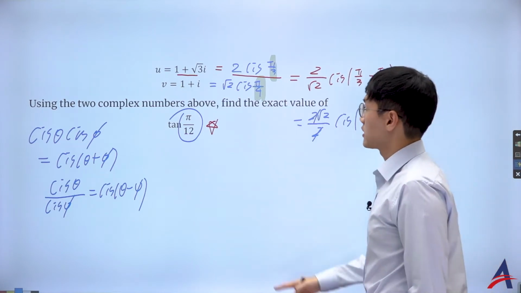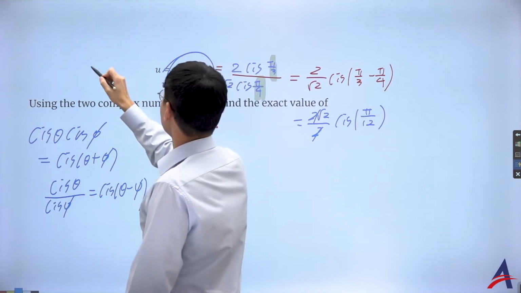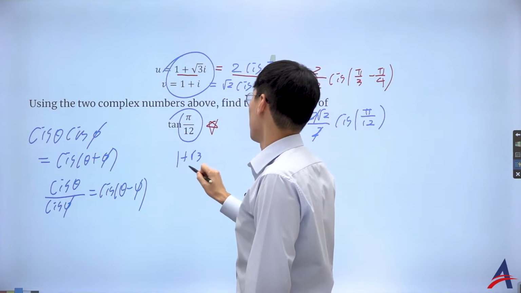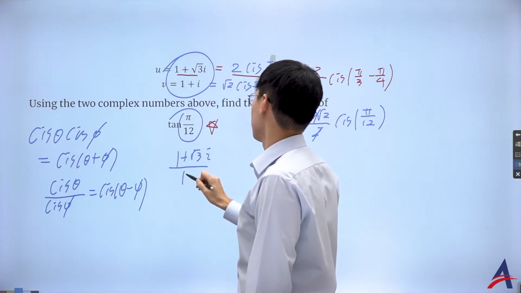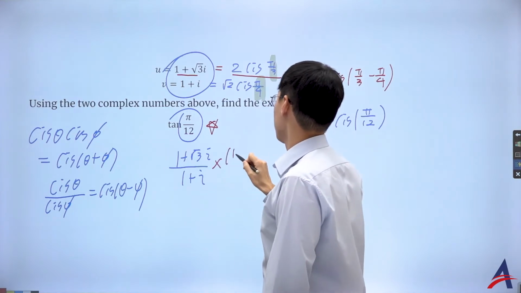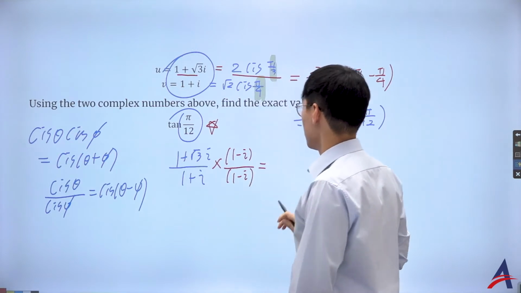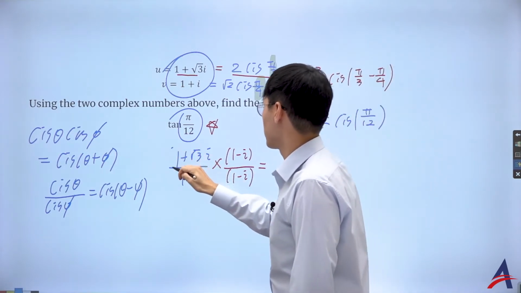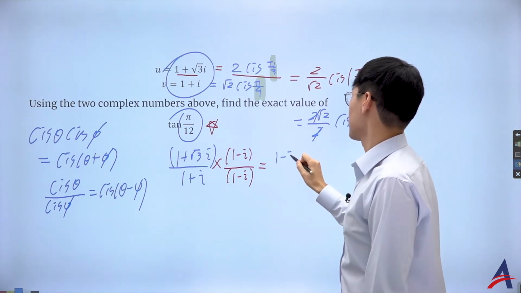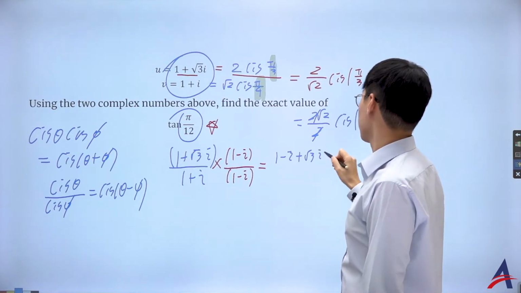And on the left hand side, if I rationalize this, it's going to be 1 plus root 3i over 1 plus i, but I'm going to multiply by the conjugate, isn't it? So it's going to be 1 minus i over 1 minus i. If you expand the numerator, what do you get? It's just a distribution. So that's going to be 1 minus i, and then root 3i, and then plus root 3.